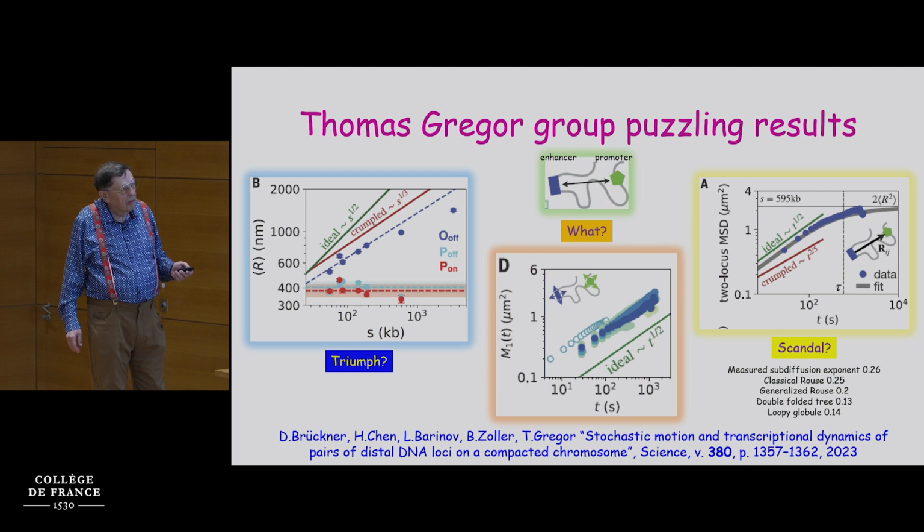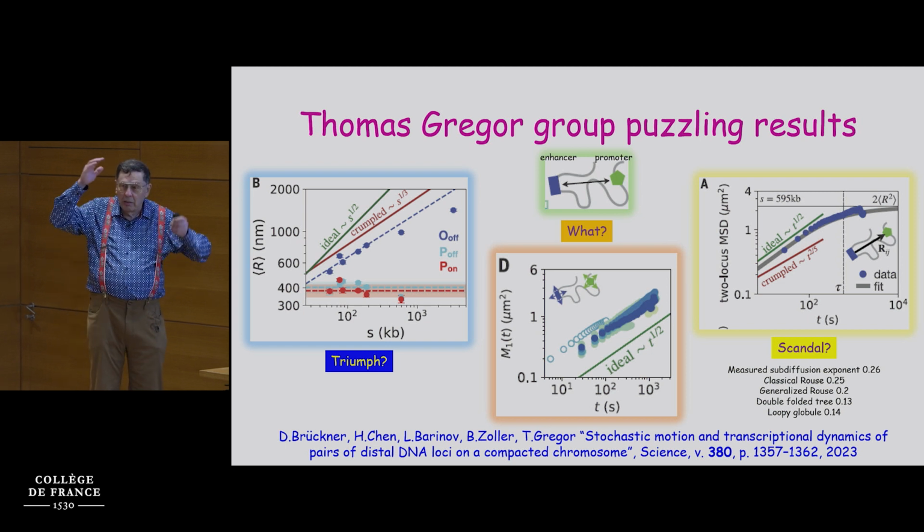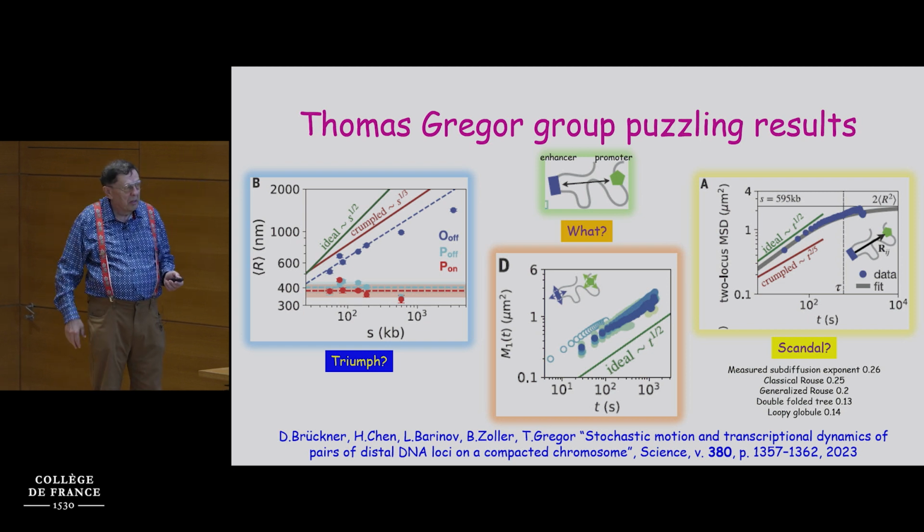Well, it's half of this, it's a quarter, so basically 0.26. Classical Rouse, without any secrets, a Gaussian chain, gives 0.25. Excellent agreement. And now all these high-level, beautiful, powerful theories: complete dramatic failure.